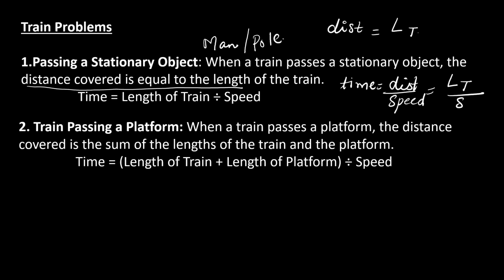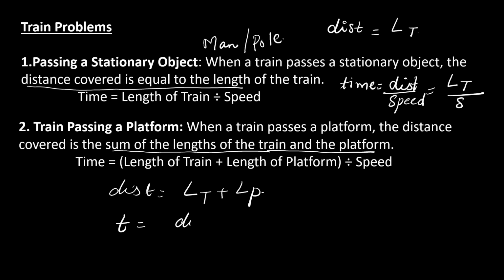In the second case, the train is passing a platform. When the train is passing a platform, the distance covered would be the sum of the length of the train and the length of the platform. So the time would be distance by speed, which is the length of the train plus the length of the platform divided by speed.